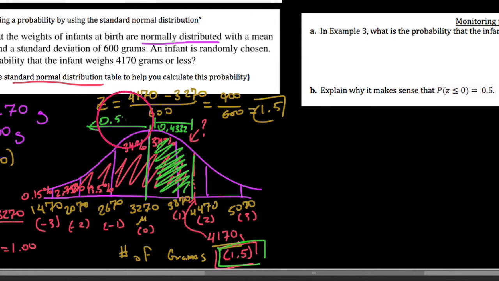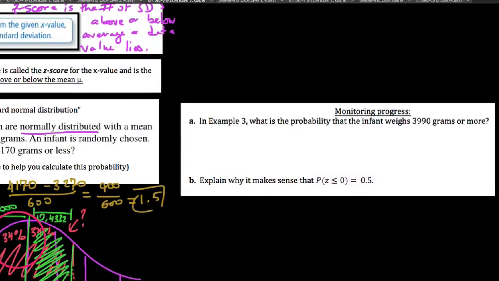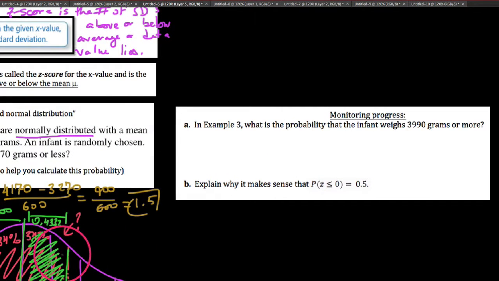Keep in mind that the left side of this distribution contains 50% of the data, as does the entire right side. So the probability that we randomly have an infant born that is weighing less than 4,170 grams would be the same thing we get if we were to add up all the area under the curve here, which would be our 50% plus 43.32%.